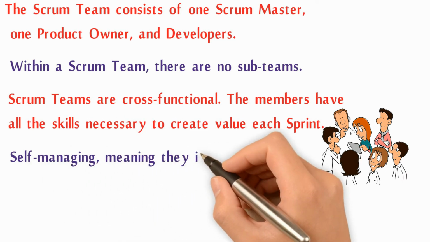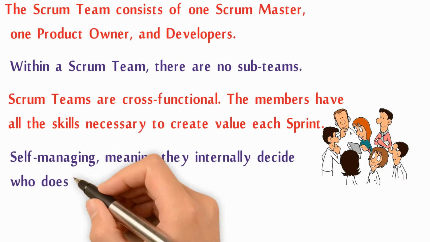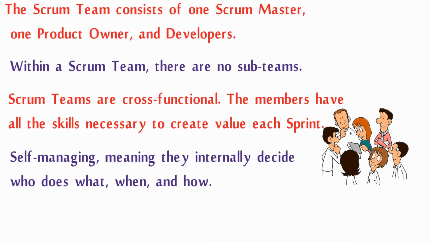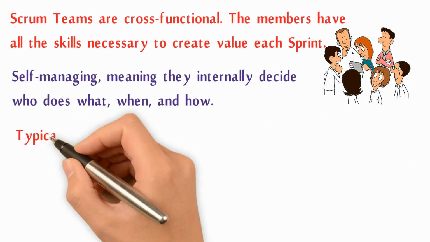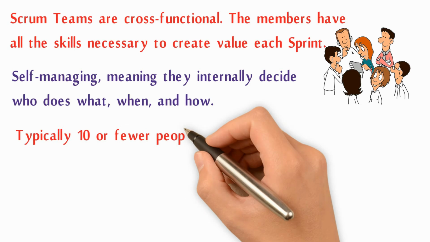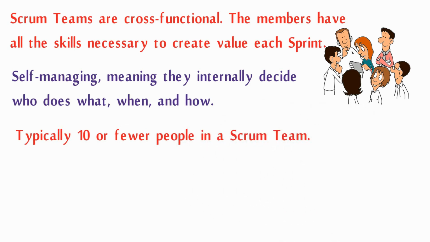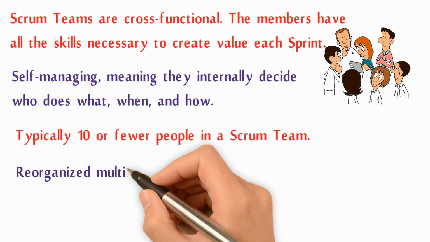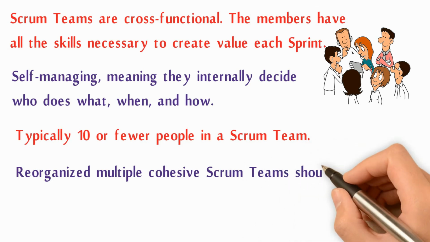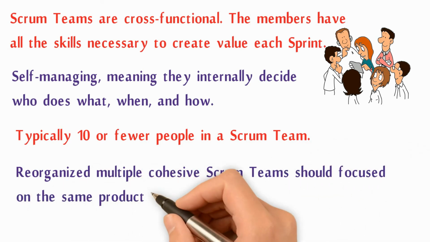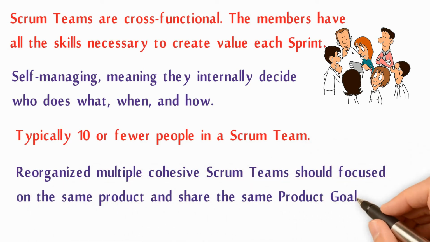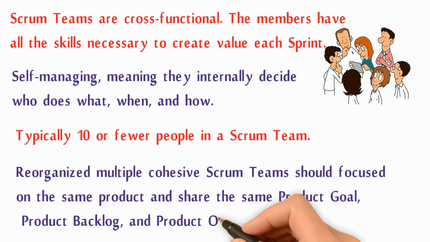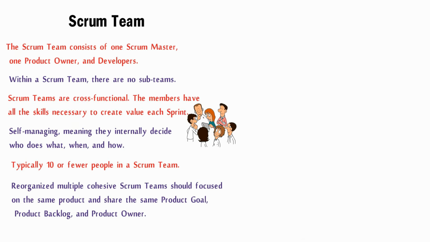Self-managing, meaning they internally decide who does what, when, and how. Typically 10 or fewer people in a Scrum Team. Multiple cohesive Scrum Teams should focus on the same product and share the same Product Goal, Product Backlog, and Product Owner.